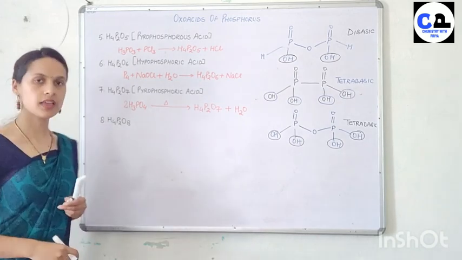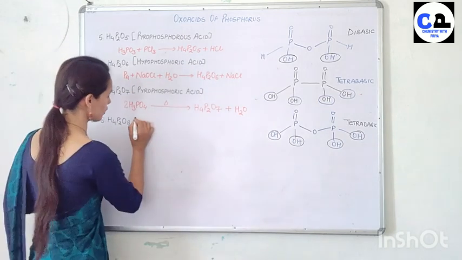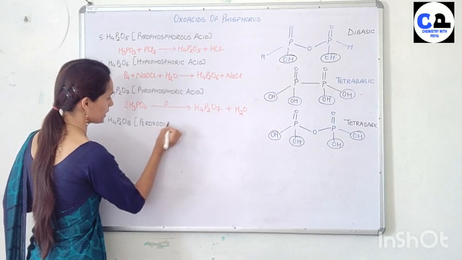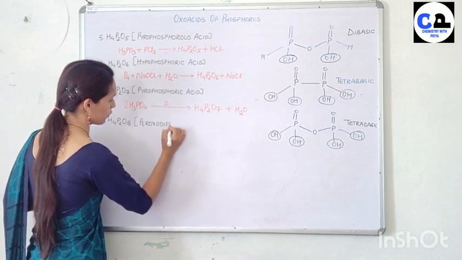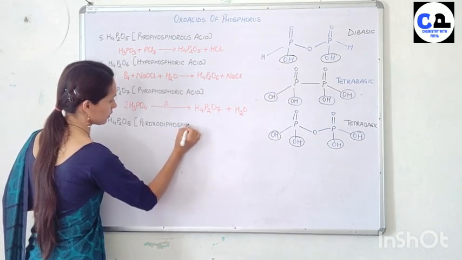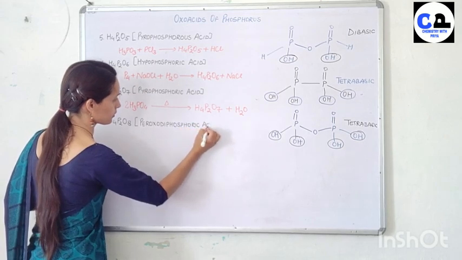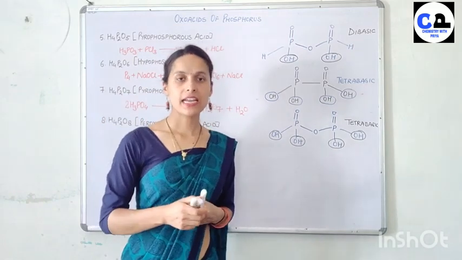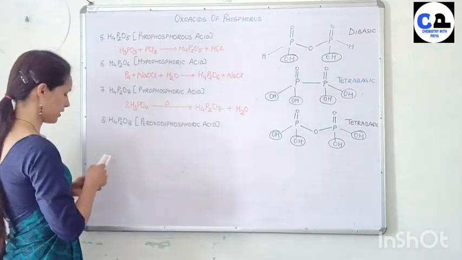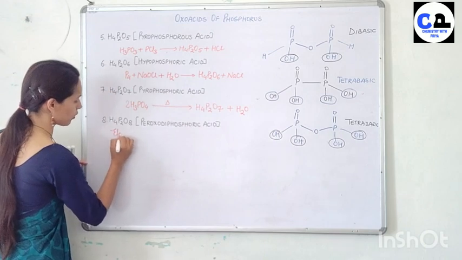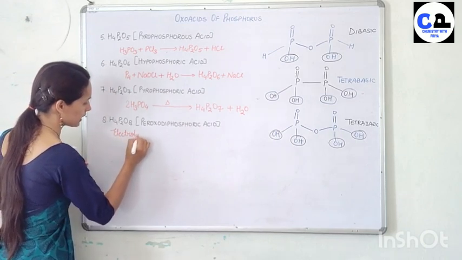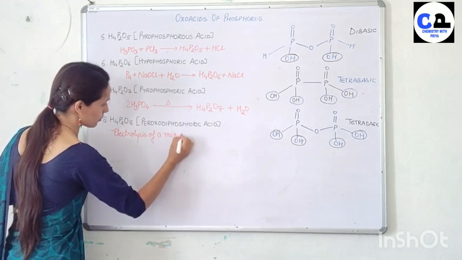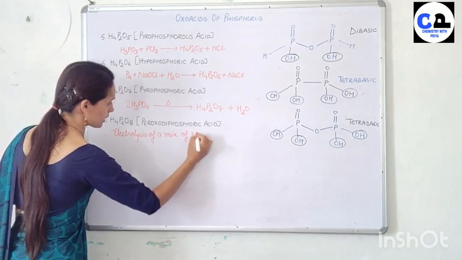H4P2O8, which is also known as peroxodiphosphoric acid.